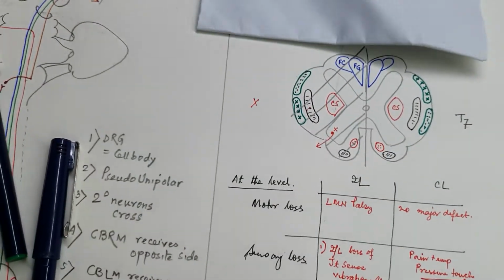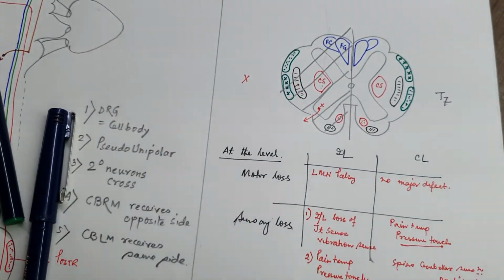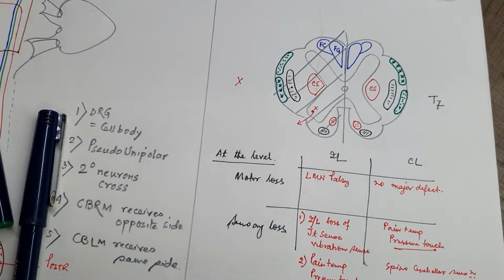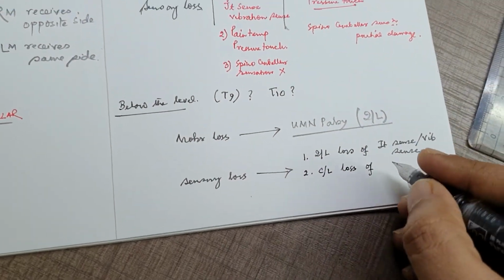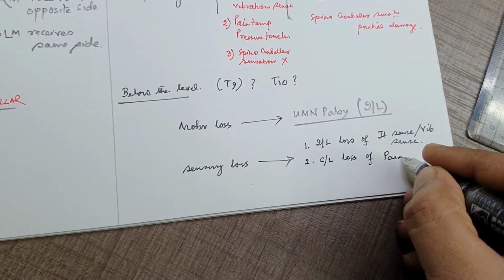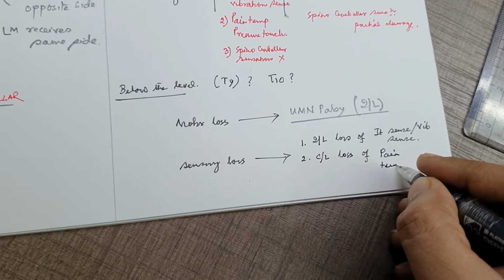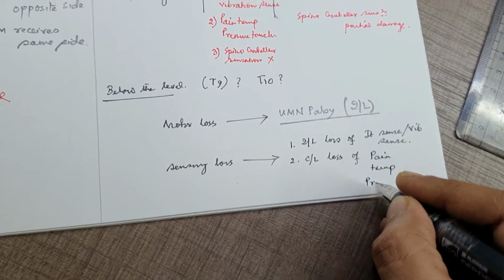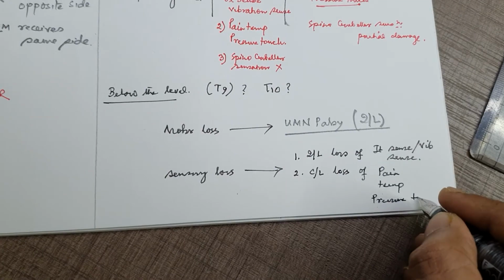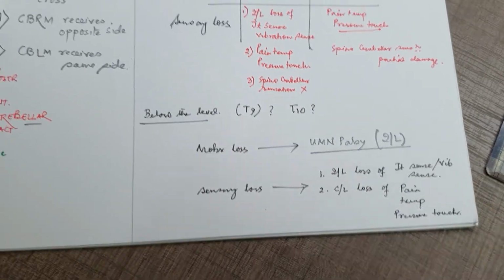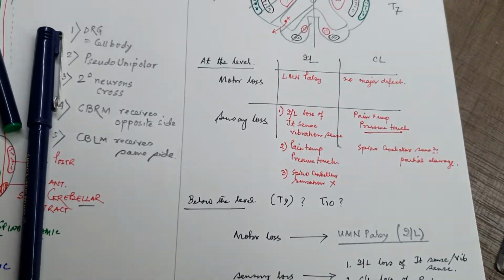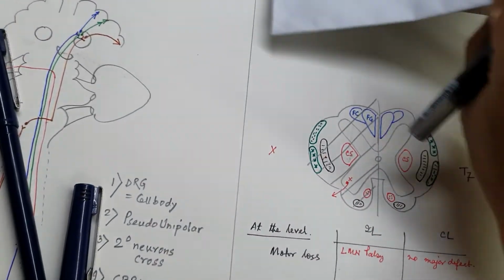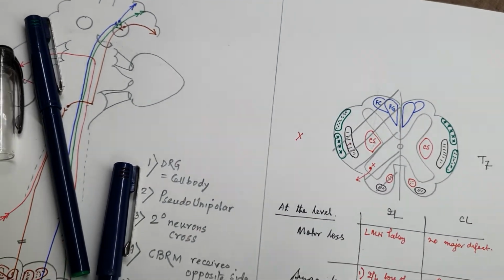So we can make it a contralateral loss of pain, temperature, pressure, touch. So there is ipsilateral loss of joint sense, vibration sense, whereas contralateral loss of pain, temperature, pressure, touch.